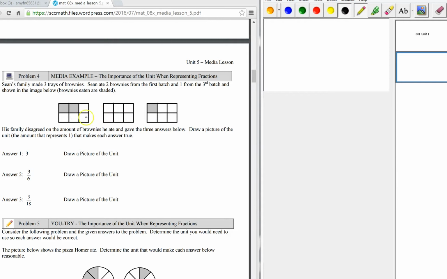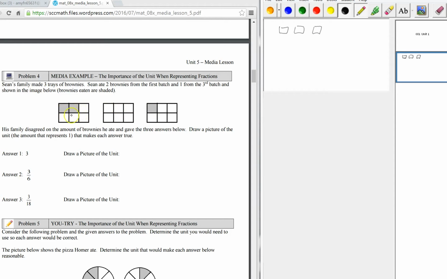Okay. So what are the different ways, just based on this idea, that people could say how much, we'll just be very generic, did Sean eat? And that's the problem if we just say how much what? Okay. So if the person answered 3, well, they're thinking of this as a unit. And we might call that a brownie.